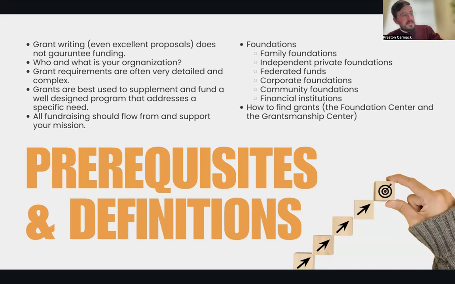But I think in this class by now, you're probably starting to understand that grants are meant to empower an organization and what they do. Taking that a step further, and this is something I found helpful in the book, grants are best used to supplement and fund a well-designed program that addresses a specific need.